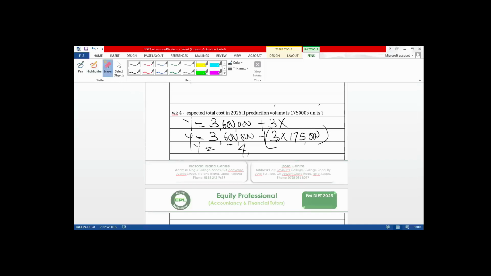I have to adjust this. Please recompute. No wonder you're having that figure like that. It should be 1,750,000 units.